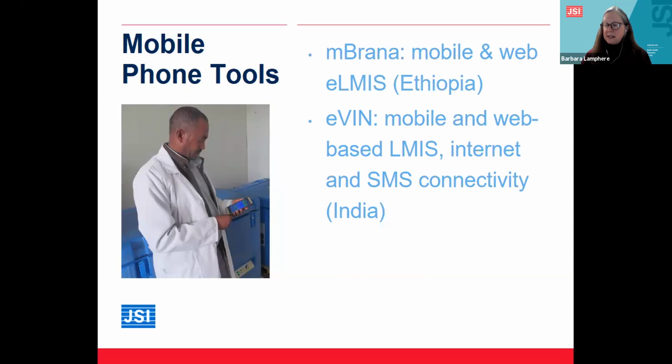A similar system is EVIN, which is also mobile and web-based and has been deployed in India, and is a tool that was developed by Logistimo. And it is now digitizing the vaccine stock and information for 27,000 vaccine storage sites in the nation.